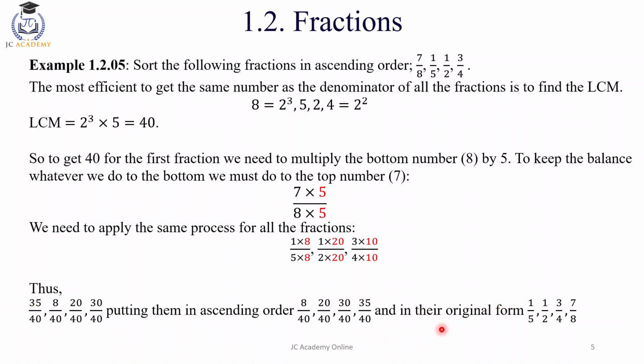Therefore, in their original form, 8 over 40 is the second fraction, which is 1/5. 20 over 40 was the third fraction, which is a half. The 30 over 40 was the fourth fraction, which is 3/4, and the final fraction 35 over 40 was the first fraction, 7/8. Okay, now it is in ascending order.